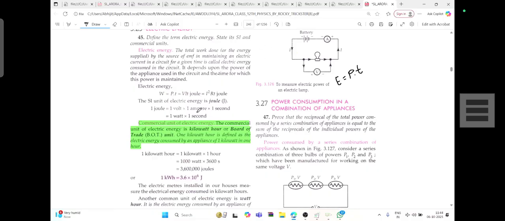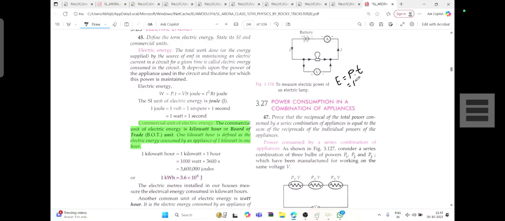So watt second is the unit of electric energy. But the commercial unit of electrical energy is the kilowatt hour. The unit of electrical energy is watt second, but the commercial unit of energy, that means the biggest unit of this energy, is kilowatt hour.